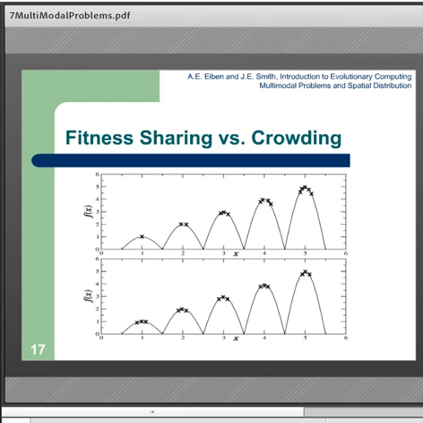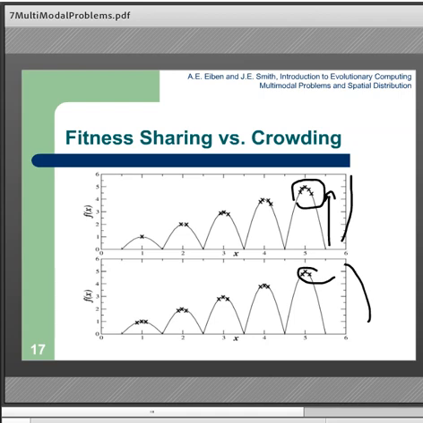We have two shapes on this page. One is fitness sharing, where we have more population at the greater fitness.